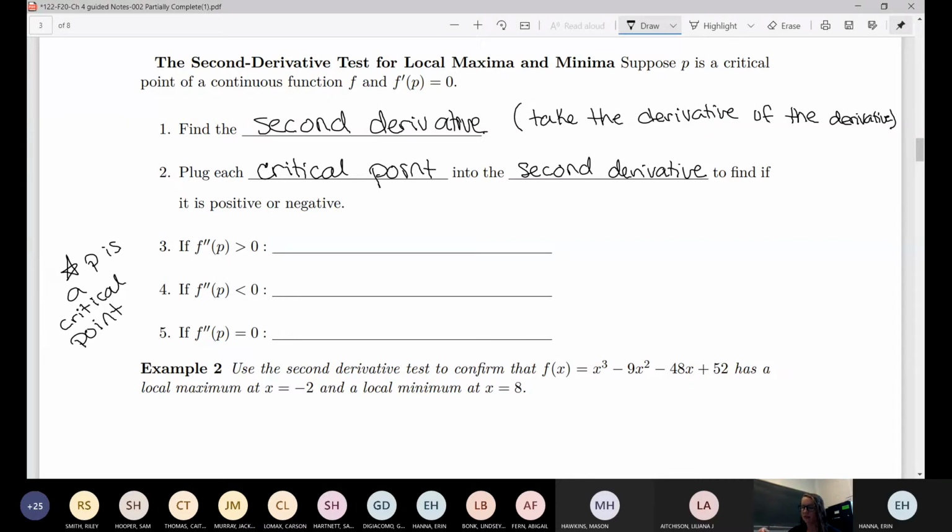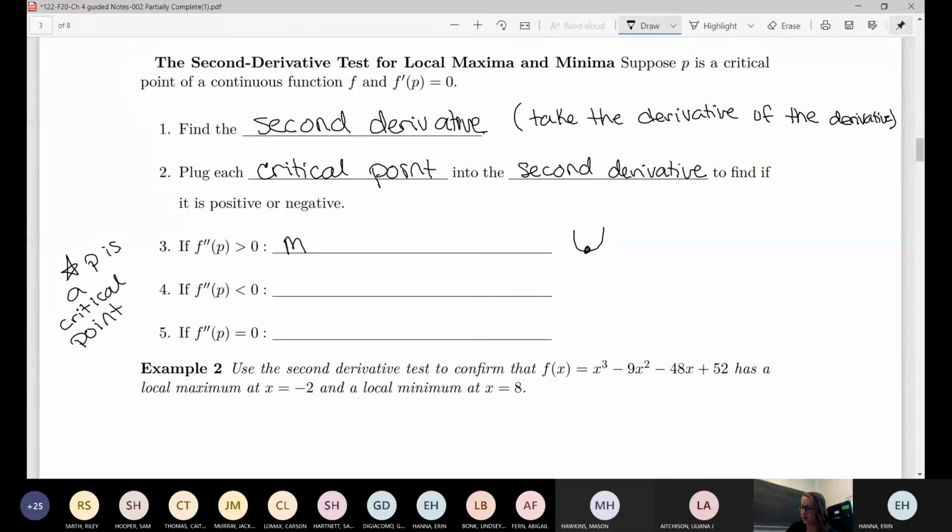If the second derivative is positive, now this one takes a little thinking, even for me, I always have to pause for a second and make sure I don't get it wrong. So if the second derivative is positive, remember that the second derivative tells us about concavity. So if the second derivative is positive, the function would be concave up. So it would look something like this maybe. So if you think about it, that would actually give us a min.